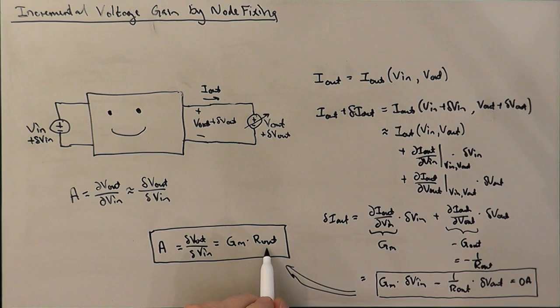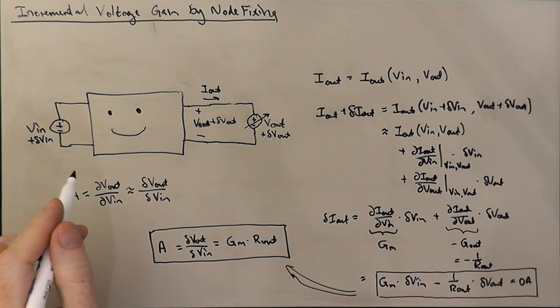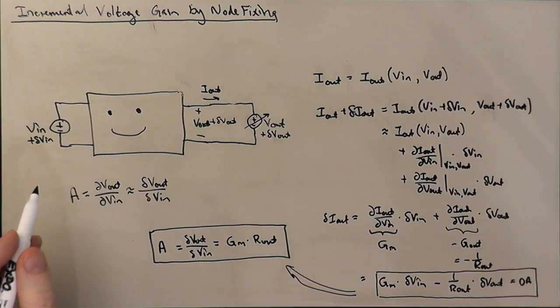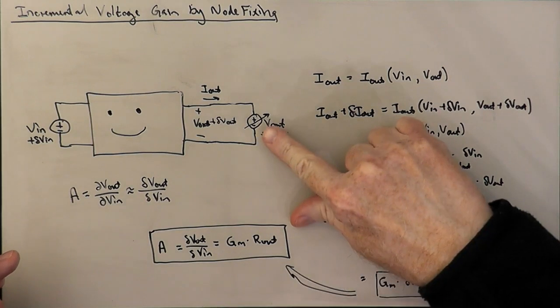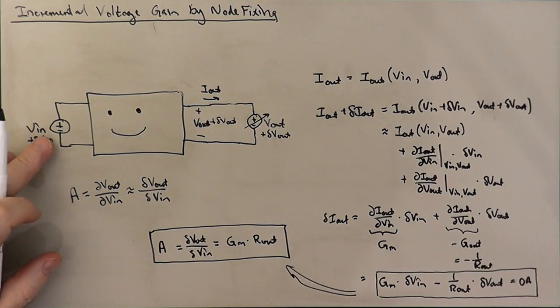And note that the incremental output resistance of the circuit is computed, again, because it's a partial derivative here, with the input voltage held fixed. That basically means that when we compute the GM of the circuit, we don't have our delta V out applied. And when we compute our R out, we don't have our delta V in applied.